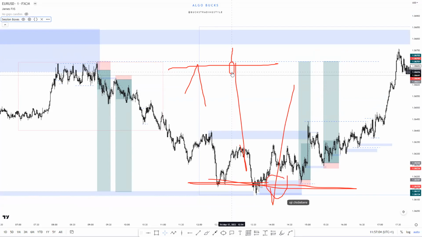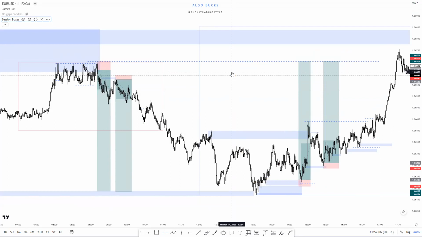Even Fire by himself, he posted it on his story. I screenshotted it, where he said trades are not just random. In those places, price will just take out the high, give a rejection, and then fall. And this is what happened here. Price took out this high, gave a rejection, and fell.